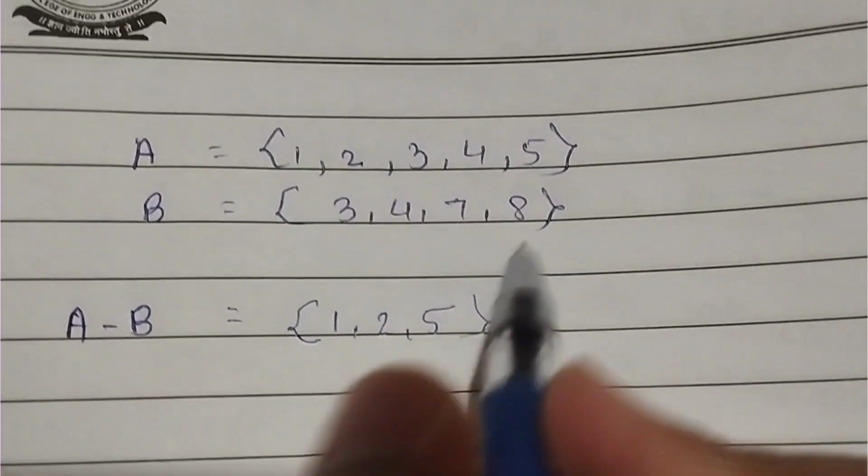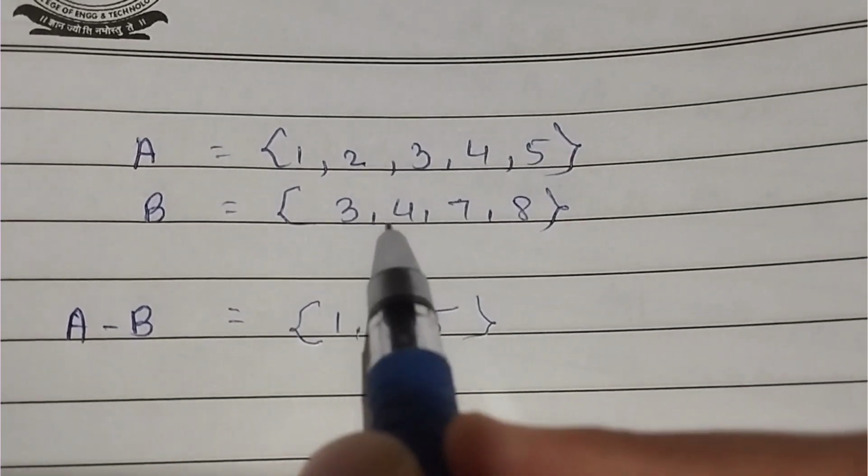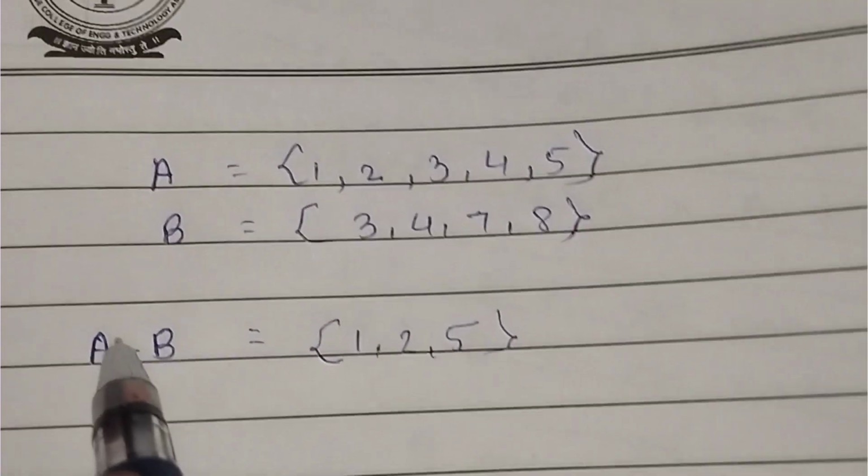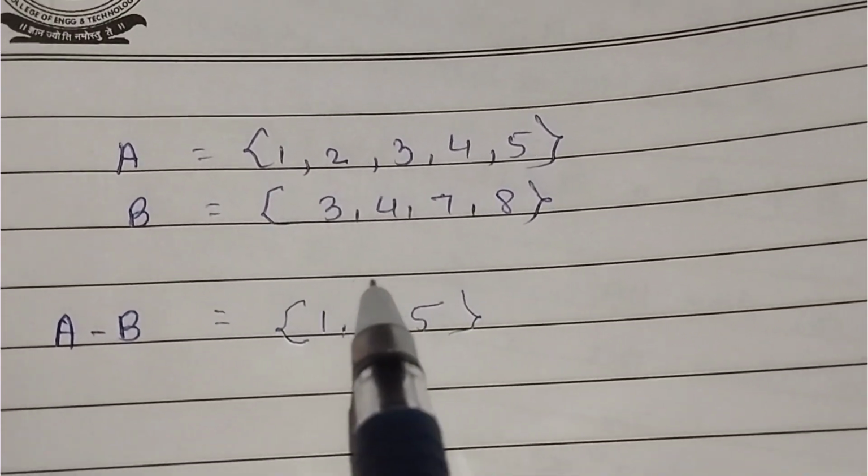We do not write 3 and 4 because they are also present in B.